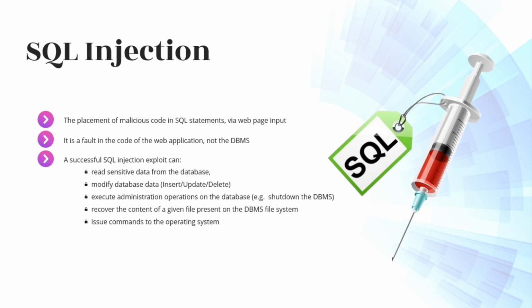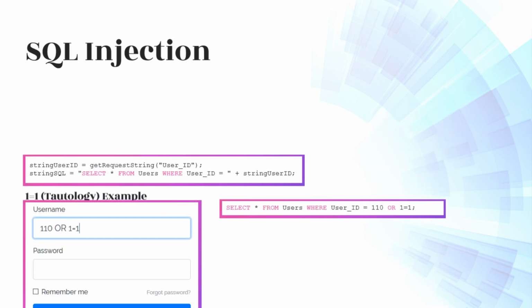And this is not an issue associated with the DBMS, the database management system, or the database server itself. It's an issue associated with the web application, and again, it happens because of bad coding practice. This can be avoided by fixing your web application code. So let's see a couple of examples of SQL injection and how serious the matter is.